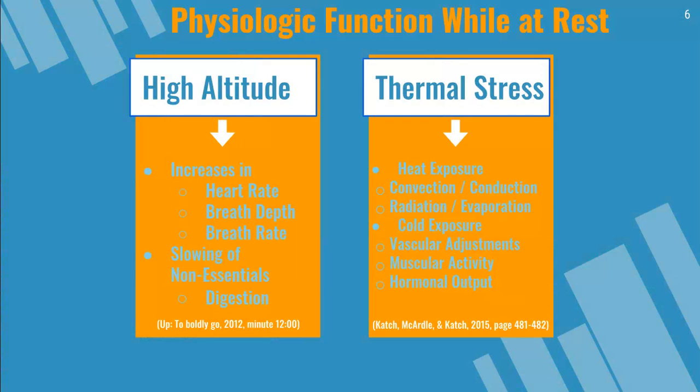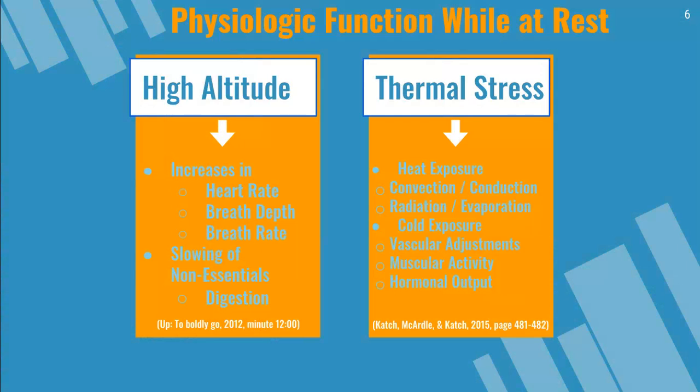The body also fights thermal stresses in the same way during rest as it does during exertion. When exposed to heat, the body thermoregulates via radiation, convection, conduction, and evaporation of sweat, with the evaporation providing the major physiological defense against heat. In response to cold temperatures, the body utilizes different physiologic functions in order to contain and/or generate body heat as a means of thermoregulation.